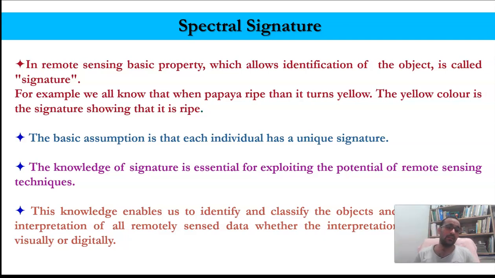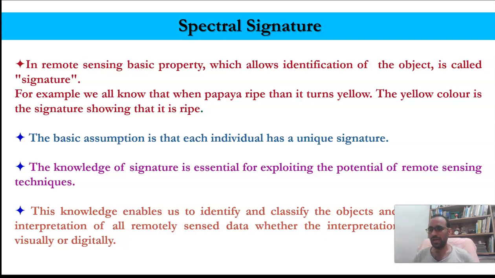Okay, right. So the knowledge of signature is essential for exploiting the potential of remote sensing techniques, and this knowledge enables us to identify and classify the objects and is required for interpretation of all remotely sensed data, whether the interpretation is carried out visually or digitally. Our eyes have some limitations, right?